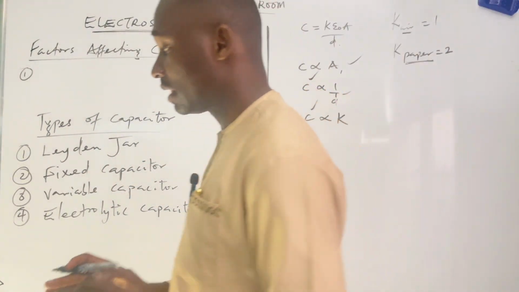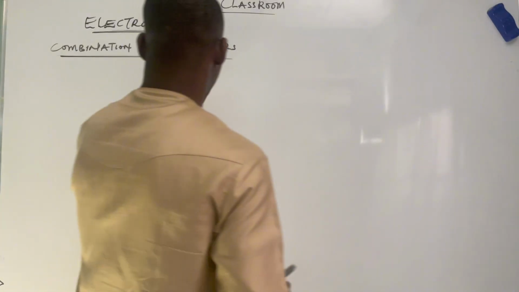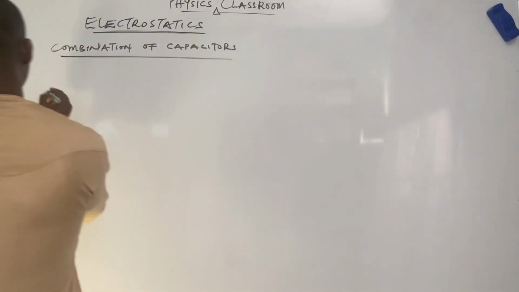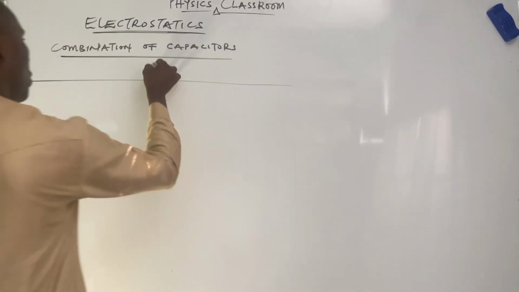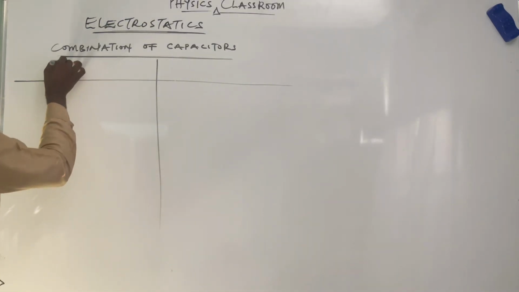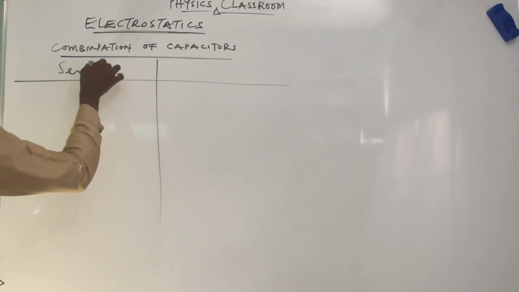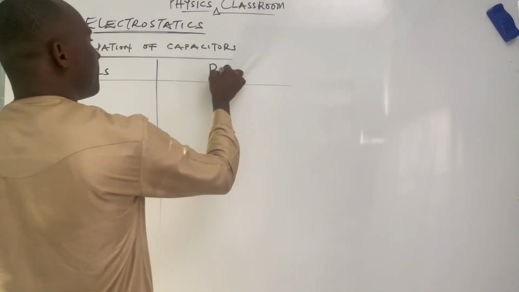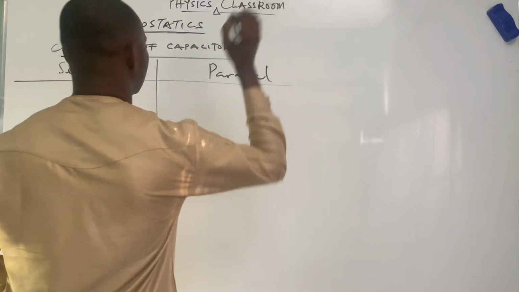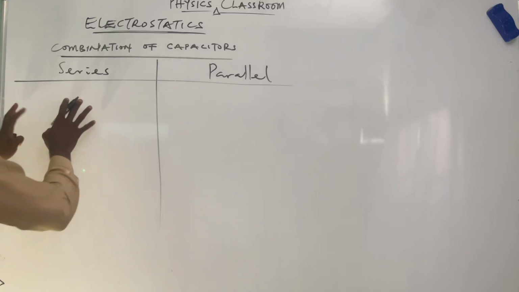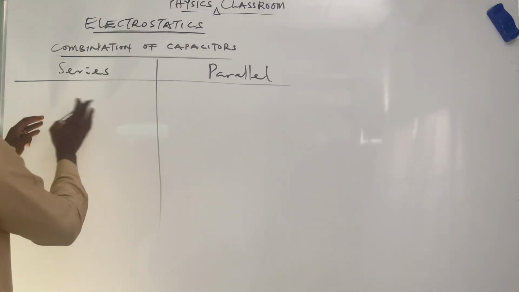So that's about that. Now let's see combination of capacitors, that is arrangement of capacitors. There are 2 possible arrangements of capacitors. Capacitors can either be arranged serially, that is in series, or in parallel. Now, let me give you the diagrammatic representation of capacitors arranged in series.